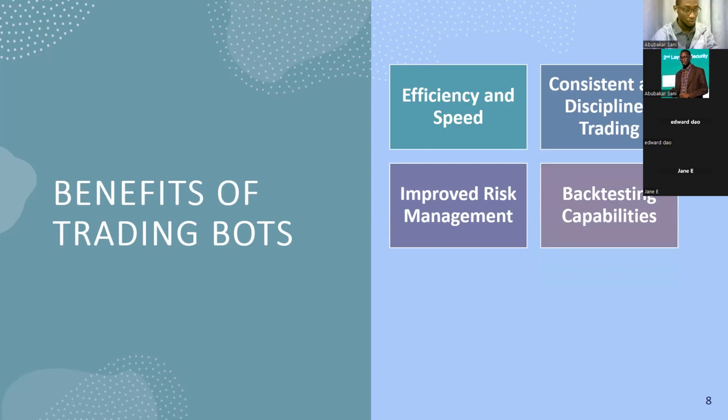Another thing is that it also provides backtesting capabilities. Backtesting means I come up with a strategy, then I use historical data, implement and deploy my robot or my bot on this historical data, and it tries to see, okay, over the previous 1 year, if I had been using this robot or this strategy on this particular asset, will I be profitable or not?